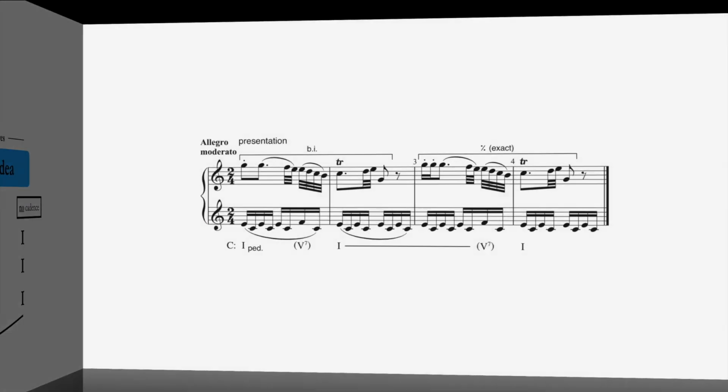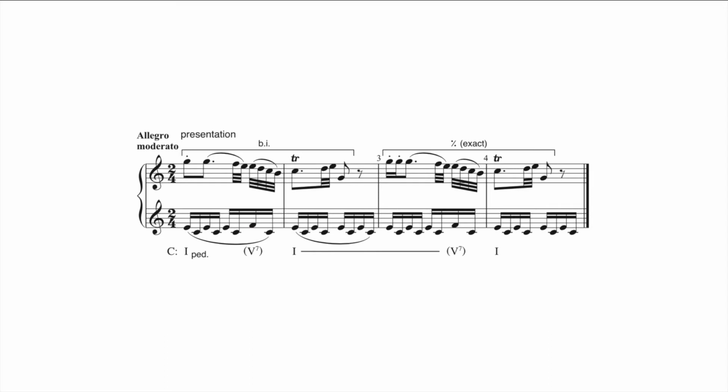In this presentation, the basic idea is repeated more or less exactly, with a slight variation in the upper voice. Notice that the harmonic progression is the same both for the basic idea and its repetition.